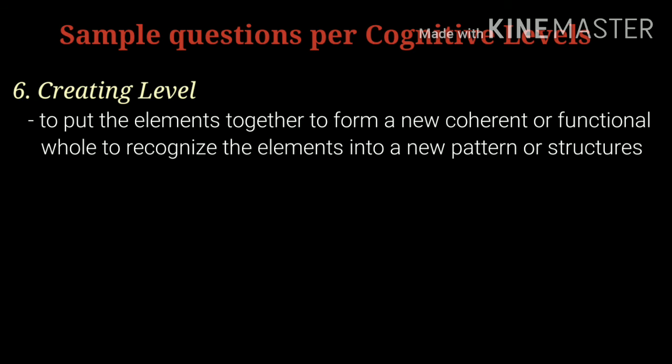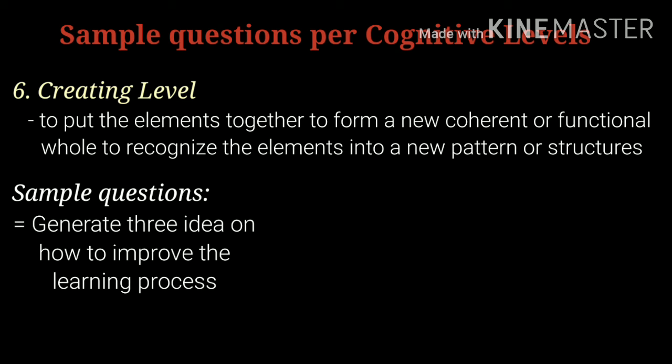So last is the creating level. This is defined to put the elements together to form a new coherent or functional whole, to reorganize elements into a new pattern or structure. Sample question: generate three ideas on how to improve the learning process.